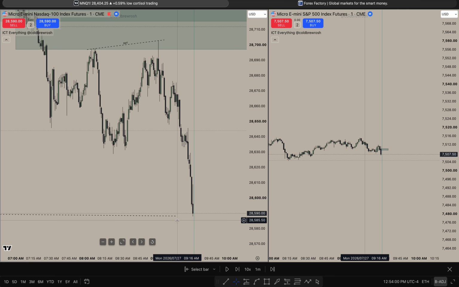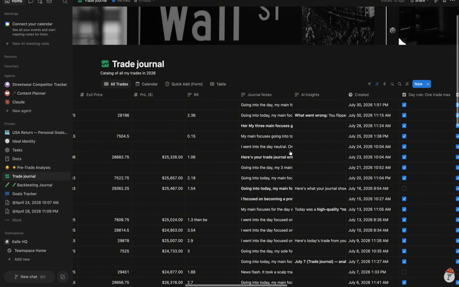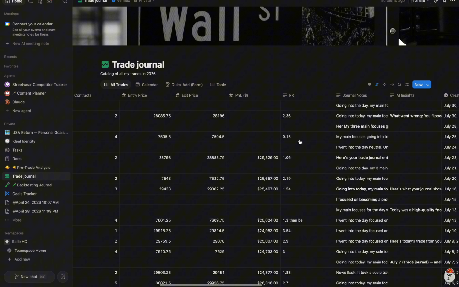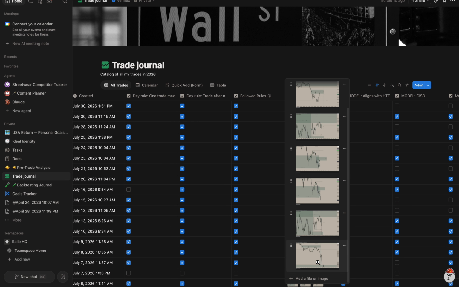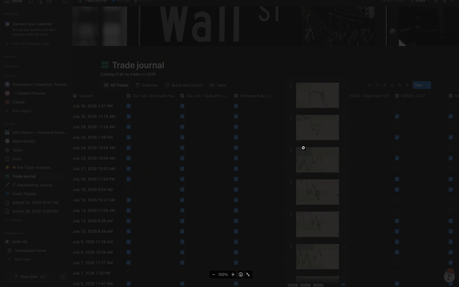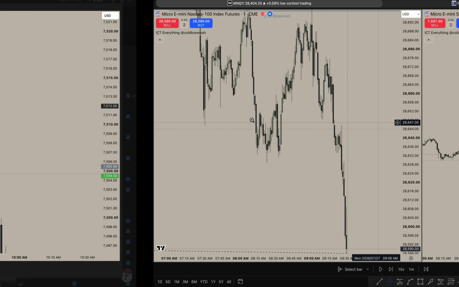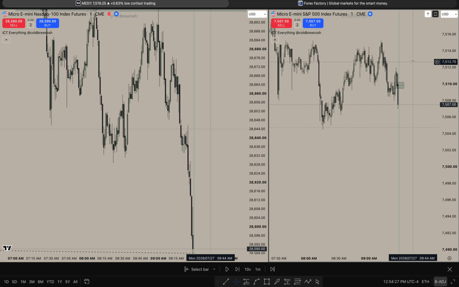So I took a short. So let me find, right here. This is my break-even trade for the week. There's my execution right here. Okay, there is an ES.